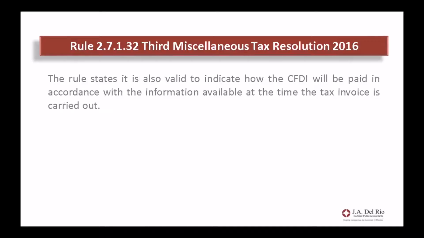For example, if you know that your customer always pays with a wire transfer, you could be in the position to include on the XML the description wire transfer, because it's the information that you have available at the moment of preparing the invoice.